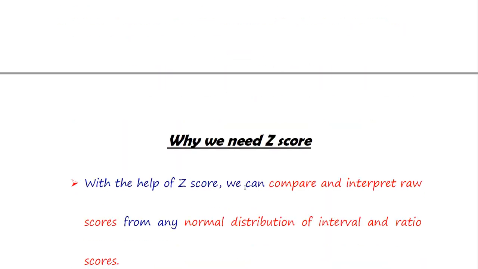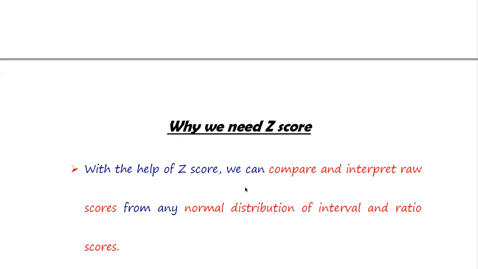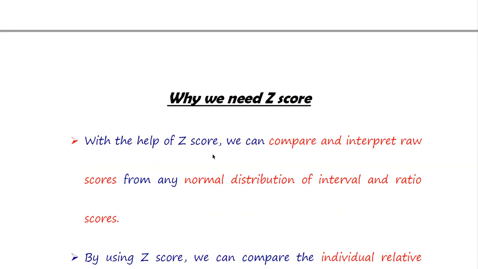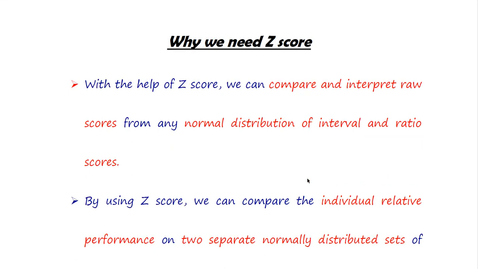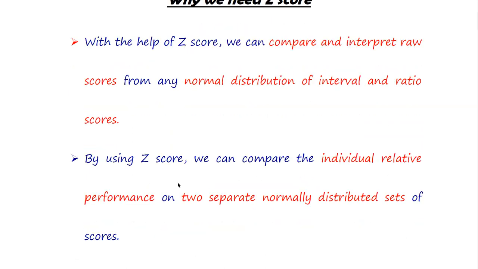Why do we need Z-score? At the first step, we need Z-score to compare and interpret raw scores drawn from a normal distribution of interval or ratio scales. By using Z-score, we compare an individual's relative performance on two separate normally distributed sets of scores.